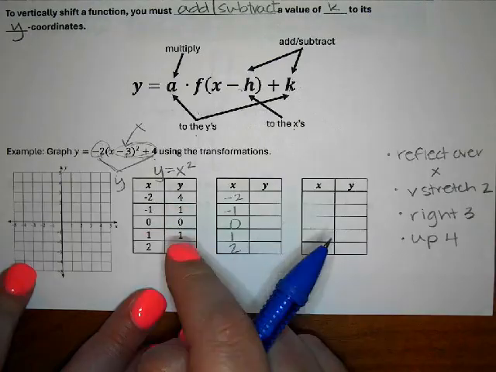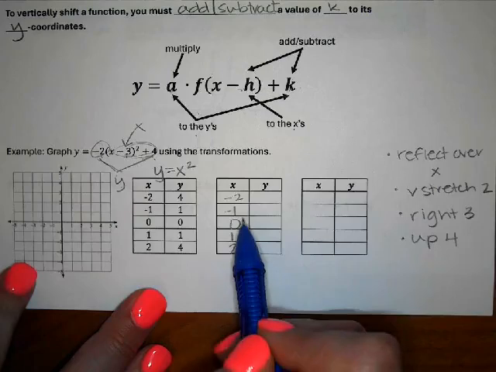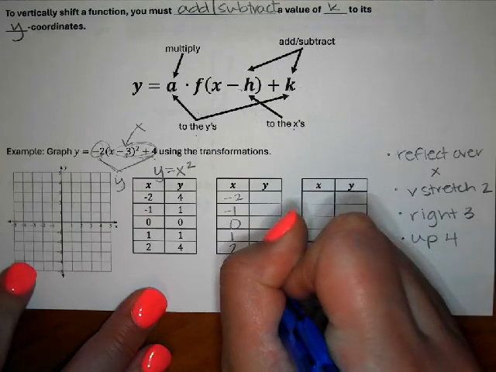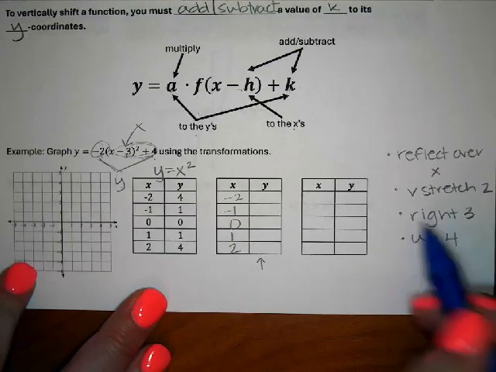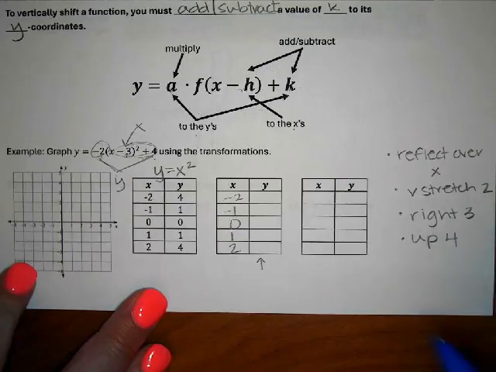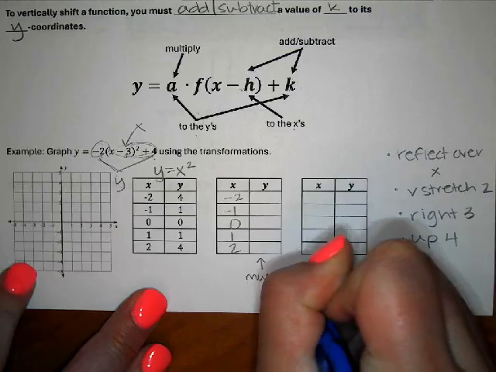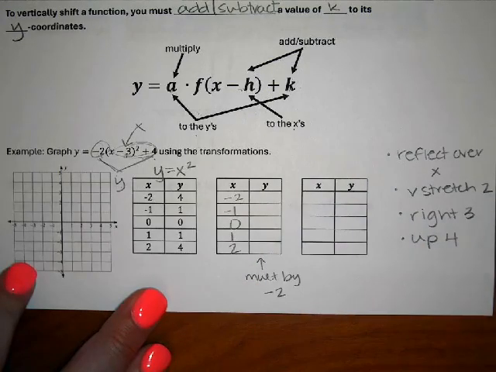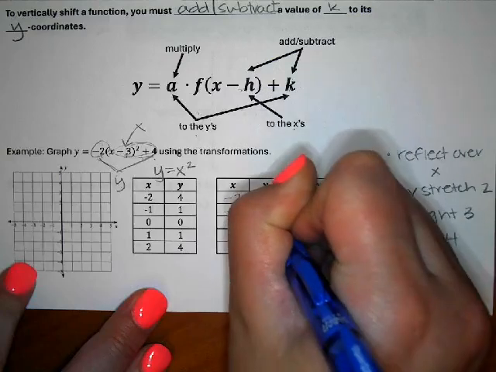Now I'm going to reflect over the x-axis by multiplying my y-coordinates by -1, and vertically stretch by multiplying my y-coordinates by 2. So I'm going to multiply by -2, which is -1 and 2 at the same time. That's going to reflect over x and stretch by 2. So -8, -2, 0, -2, -8.